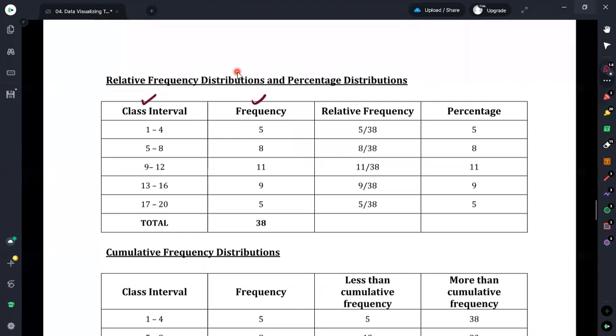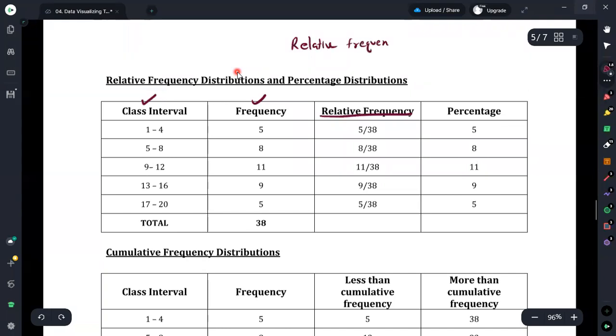Therefore, the next way that we can have it for the frequency distribution is the relative frequency. To calculate the relative frequency, this can be obtained by the frequency of the class divided by the total frequency.